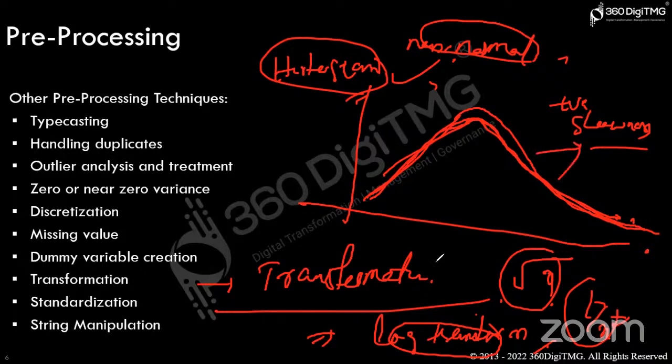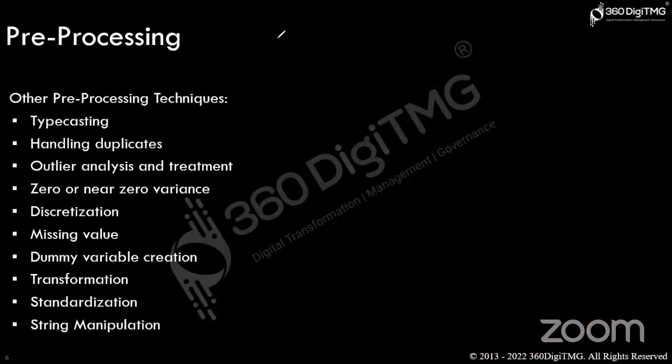We simply apply them on the feature and try to convert this non-normal data into normal data. This is transformation. Why are we converting non-normal data to normal data? Because whenever we work with statistics, we assume that the data present in our data frame is normal. By default, we say these are normal.